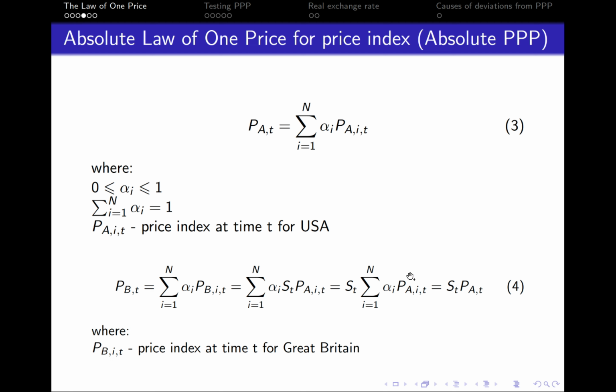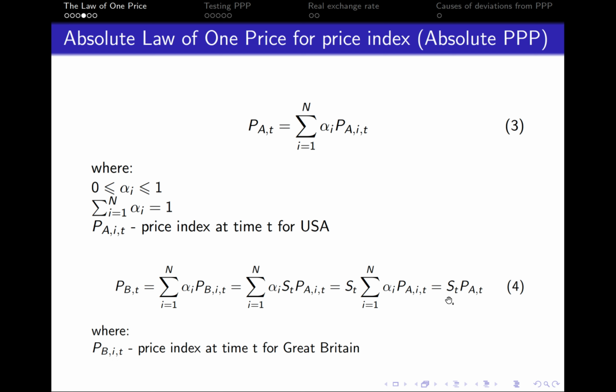And we will talk about relaxing this assumption right at the very end. Okay, so now we've established again a link between the price index in Great Britain and the price index in the United States. Of course, again through the exchange rate.